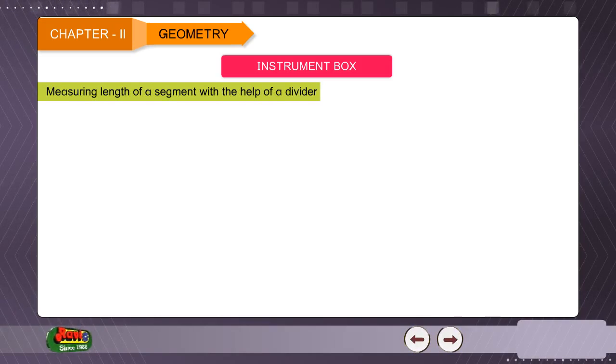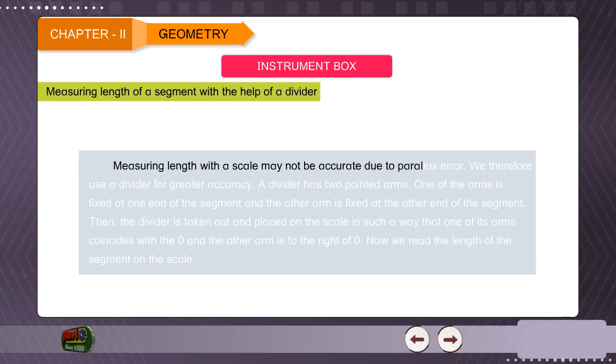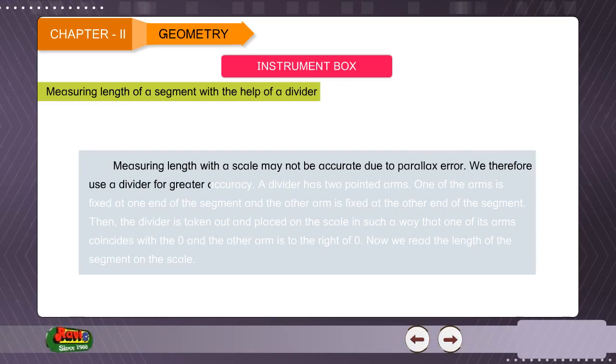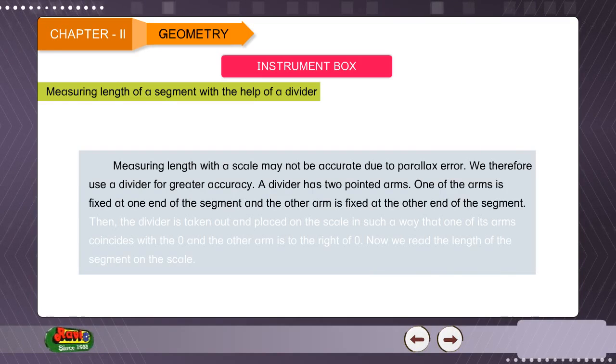Measuring length of a segment with the help of a divider. Measuring length with a scale may not be accurate due to parallax error. We therefore use a divider for greater accuracy. A divider has two pointed arms. One of the arms is fixed at one end of the segment and the other arm is fixed at the other end of the segment.